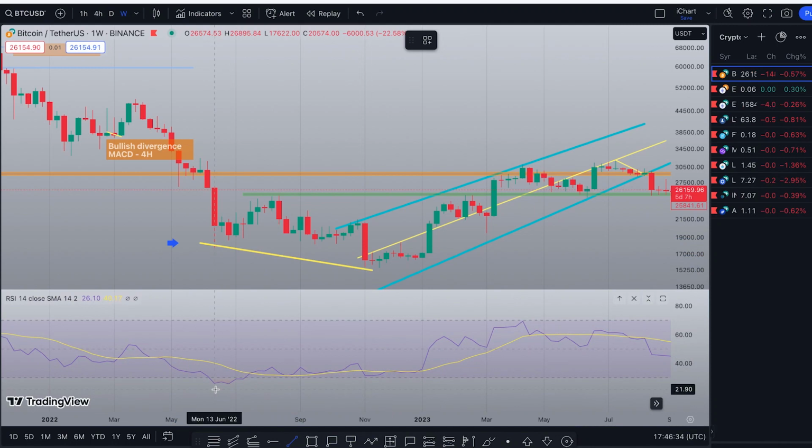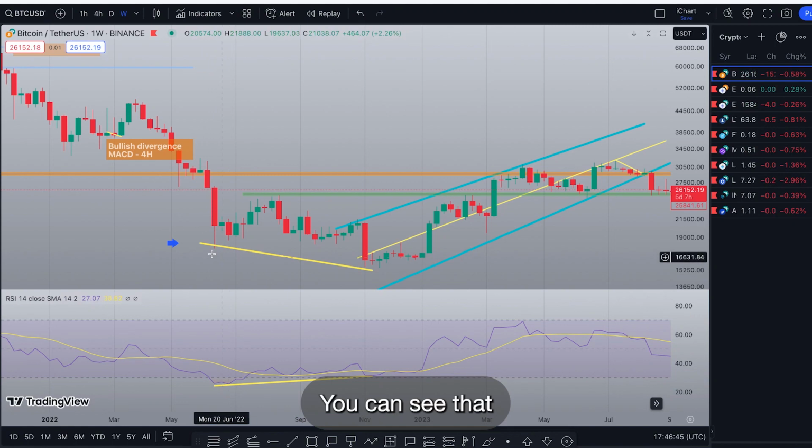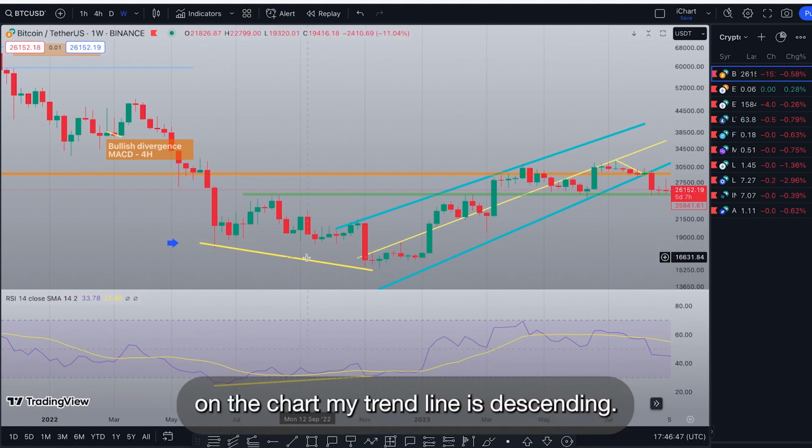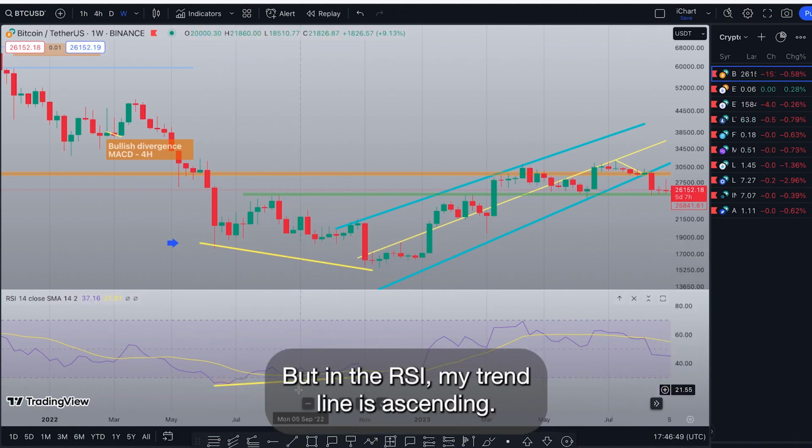We start from here to here. You can see that on the chart, my trend line is descending, but in the RSI, my trend line is ascending.